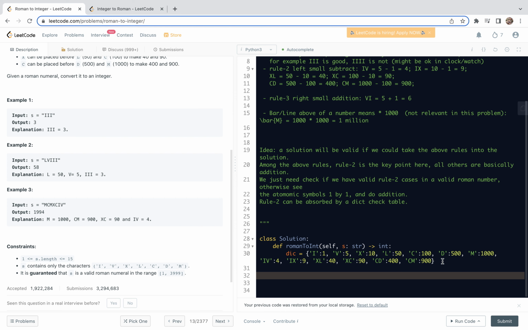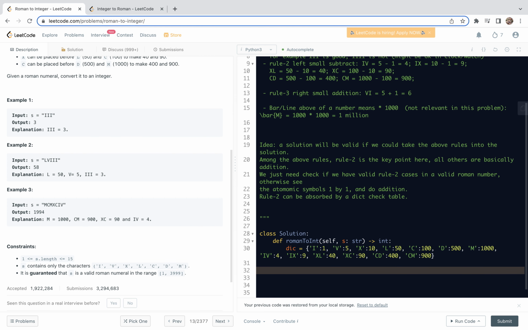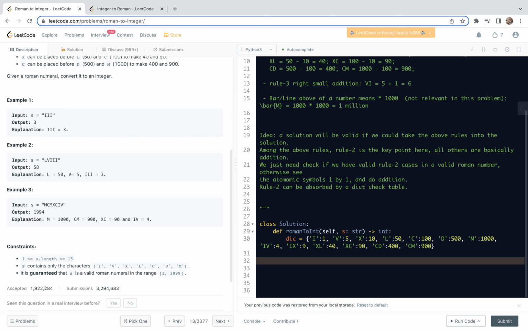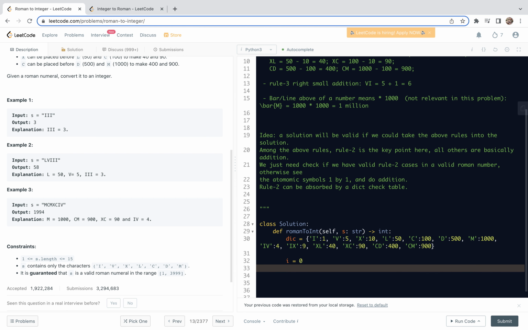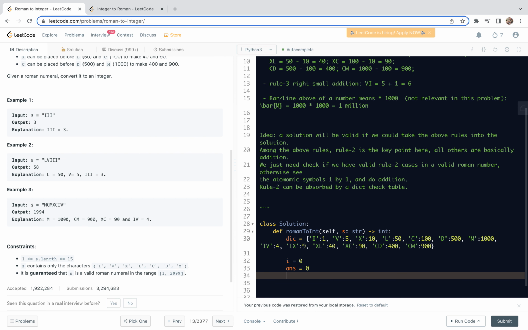Then we just need to prepare the result. Here I'll initialize i to be 0, because we are going to look at the string s from the first index, and then the answer as 0, whose final state is what we want to return.